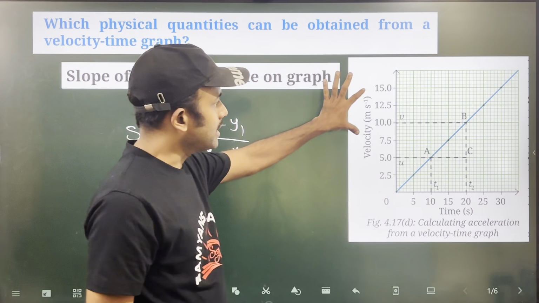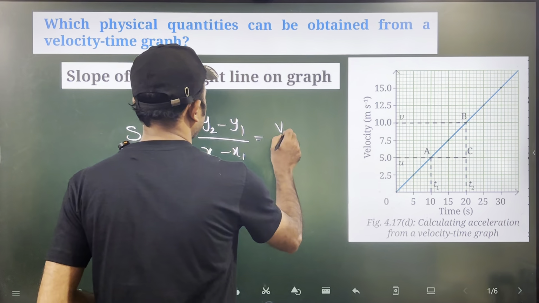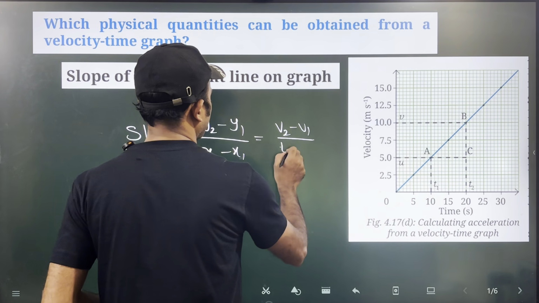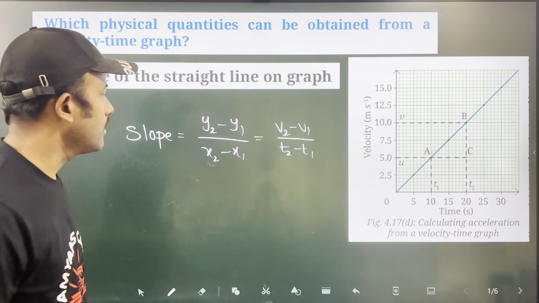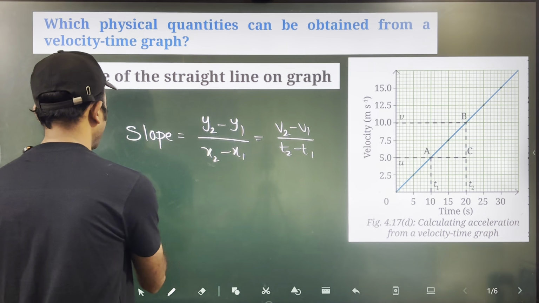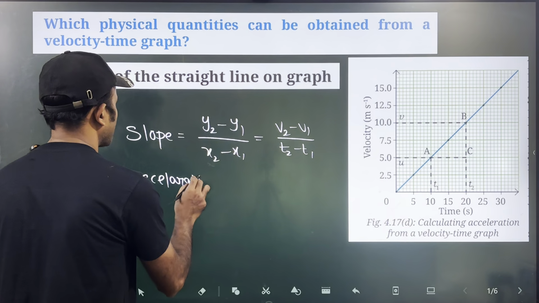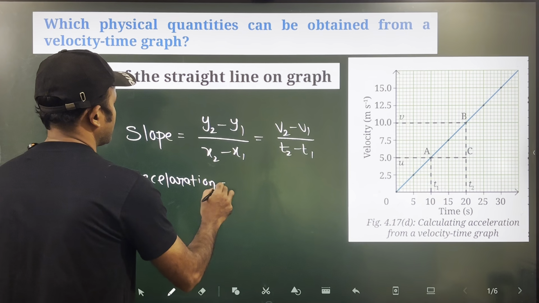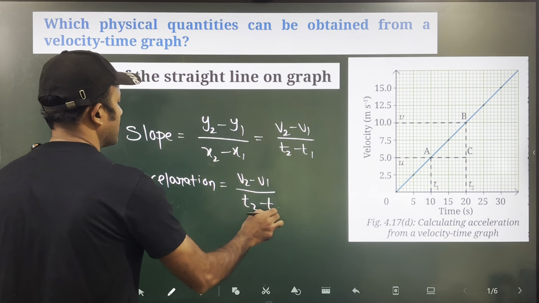In the y-axis we have the velocity terms, and in the x-axis we have time values. So we can write v2 minus v1 by t2 minus t1. The slope of change in velocity by time, what will you get here? Acceleration. So this will give you acceleration. Acceleration is nothing but v2 minus v1 by t2 minus t1.